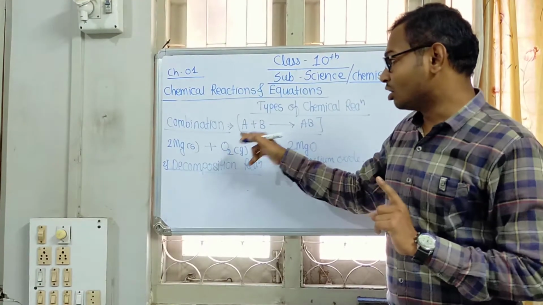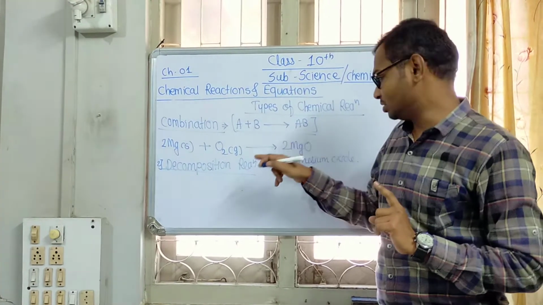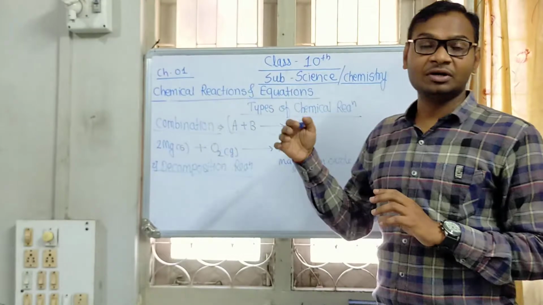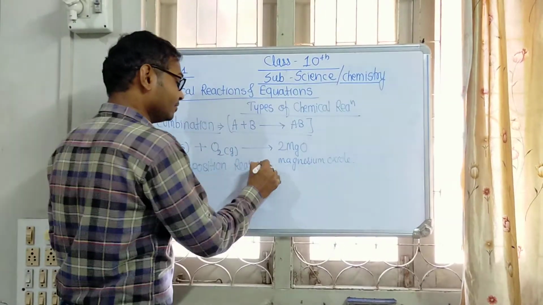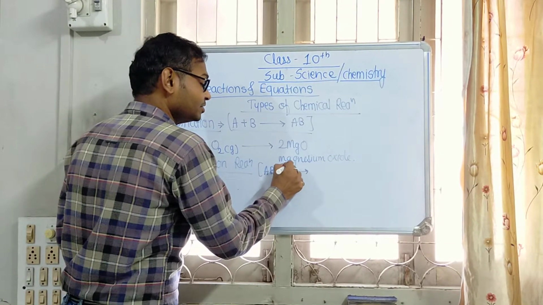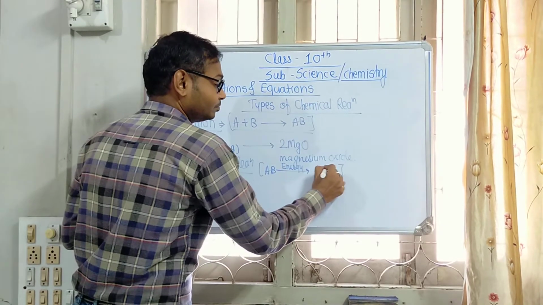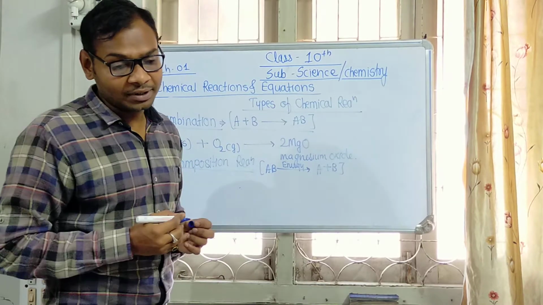So our combination reaction is two or more reactants forming a single product, and our decomposition reaction is the opposite: two or more products formed from a single reactant. The reaction theme is like AB, by the use of energy, we get A plus B. According to this concept we have to solve our reaction.